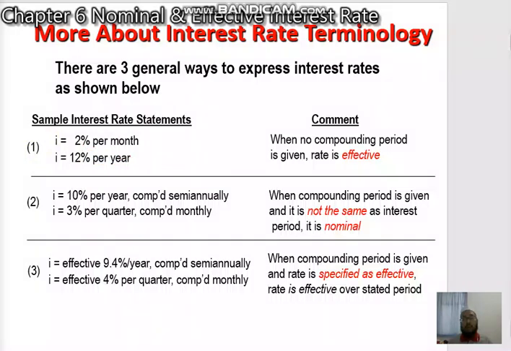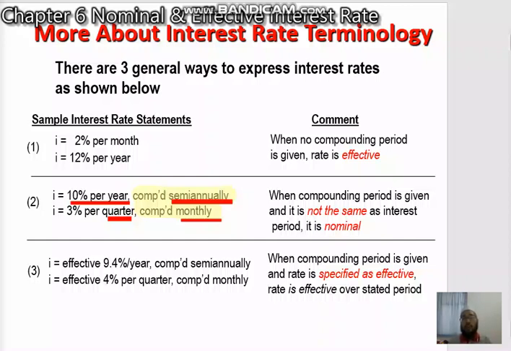The second method is where the compounding period is given. Example here, 10% per year compounded semi-annually, 3% per quarter compounded monthly. If you look at these statements, the interest given is yearly, but compounded less than 1 year, semi-annually, or 3% per quarter, every 3 months, compounded less than 3 months, compounded monthly.